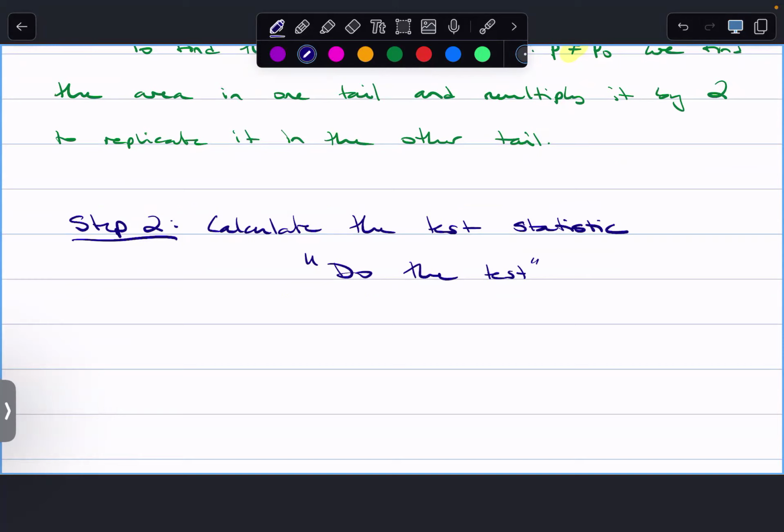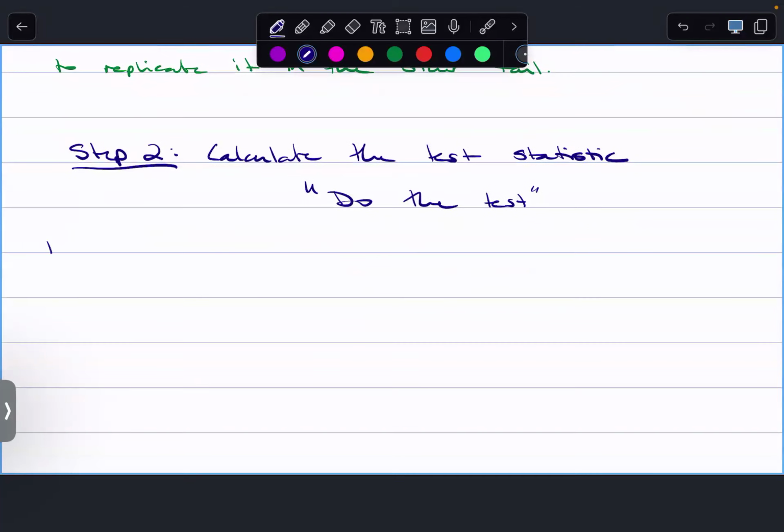For now, the only test statistic that we know is the Z, right? Z tells us how many standard errors something is away from the hypothesized center, right? That's what we're going to use in the beginning, and then we'll introduce some other test statistics. But test statistics in general are that measure of distance, right? How far is your sample information from your hypothesized information?